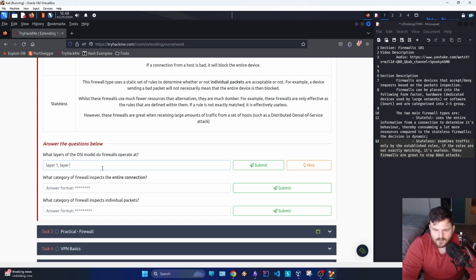And as software, I will say layer 4, that's the transport layer. Let me see if I switch the answers, 4 and 1. No.